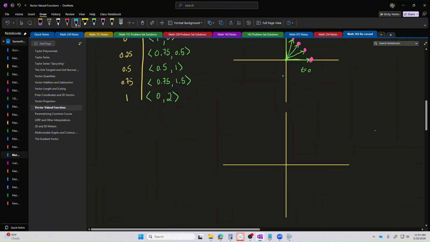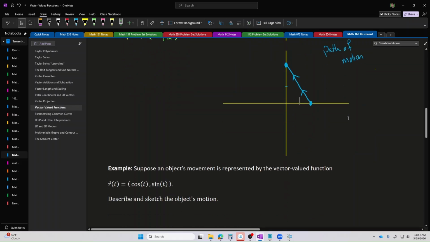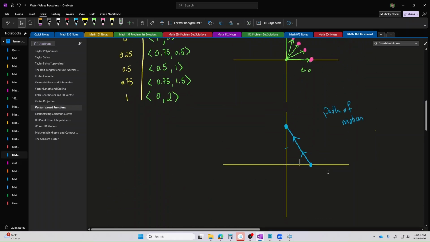So the path of motion I will draw here below is from this point where x is equal to 1 up to this point where y is equal to 2. The object is traveling from this position at the initial time along a straight line path toward this position at the final time. So I will draw that straight line and I will add some arrows here to indicate how that object is moving as time moves forward.